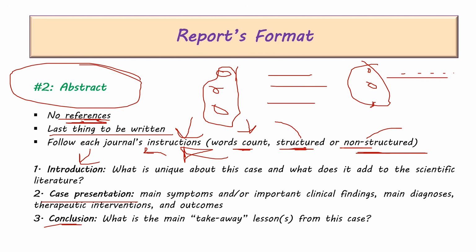Most journals are asking for less than 250 words, but some journals ask for more than 250 words, and some journals ask for less than 100. So if you want to know the word count required for the abstract, you should also see the journal instructions on the website.